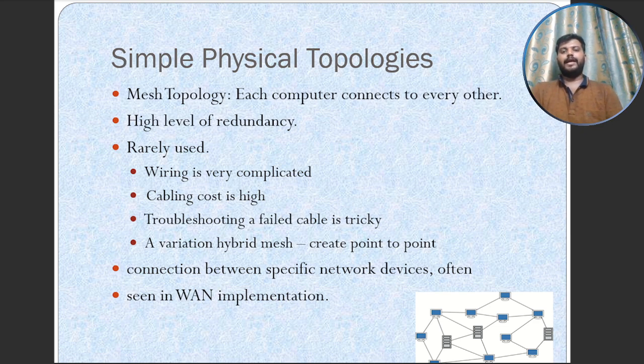But if security is a major concern for you, then this is one of the best topologies. Because in ring topology, star topology, or bus topology, security will always be a concern. That is a major issue in those.